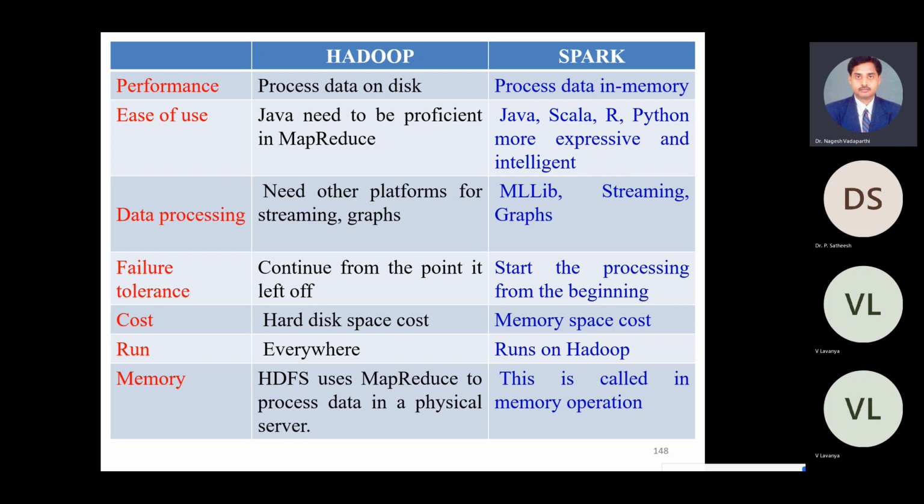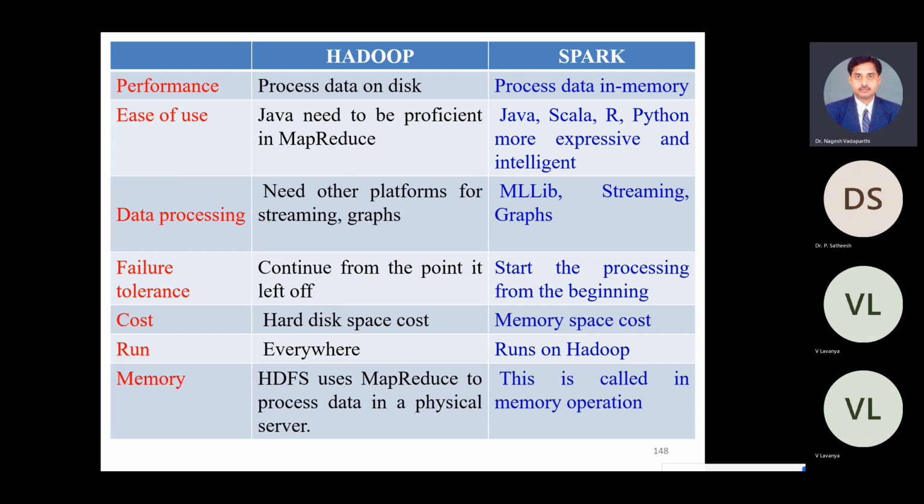So ease of use, the next parameter is ease of use. In Hadoop, you need to be proficient in Java MapReduce, whereas in Spark, Java, Scala or Python are more expressive and intelligent because Spark supports 4 programming languages.